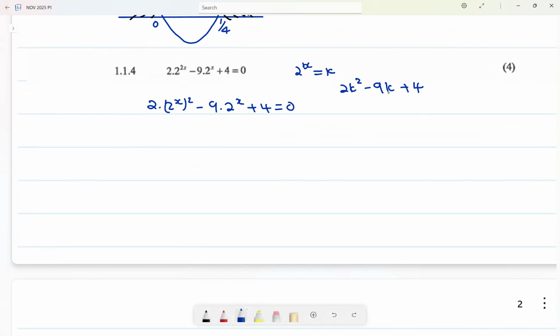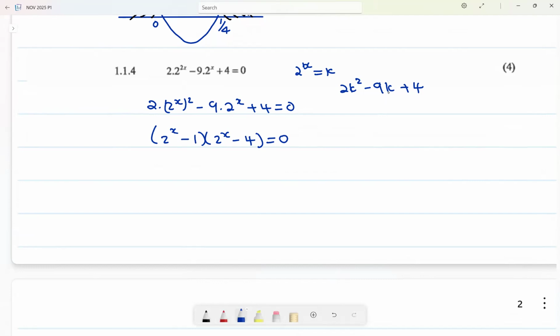It's going to be -8, -1. So I'm going to have 2 to the power of x minus 1, as well as 2 to the power of x minus 4, equal to 0. And then let me just confirm 2 to the power of x.